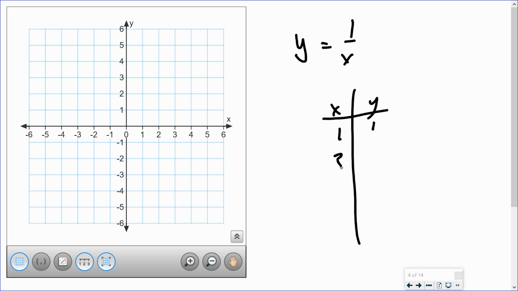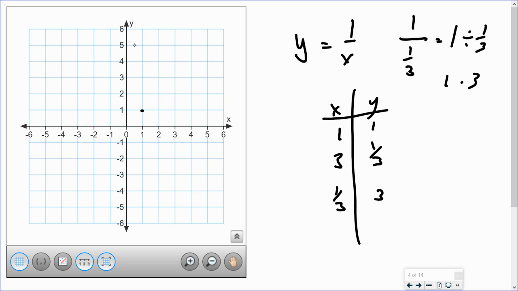If I put a 3 in there, this is 1/3. If I put a 1/3 in there, so it's 1 divided by 1/3, which is 1 times 3. So that's 3. So if I were to do this, I know it goes through this point right here.